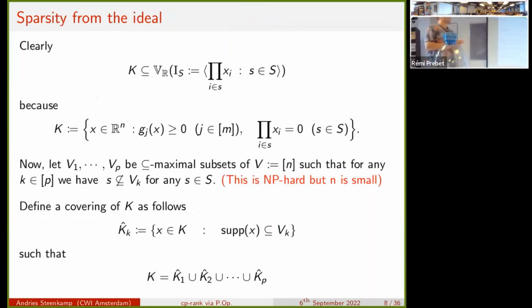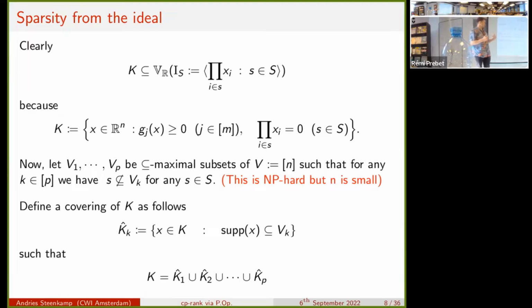Clearly, first observation is your semi-algebraic set has to be contained in the variety generated by the ideal of the equality constraints. This just follows from the definition. And since it's contained in the variety, we now start by defining new objects of interest. These will be the inclusion-wise maximal subsets V_k of 1 to n, such that none of these V_k contains an element of X. You can think of this as the biggest supports that you can have without containing any of your forbidden supports, or forbidden monomials, defining your ideal.